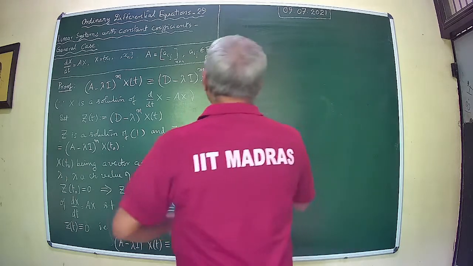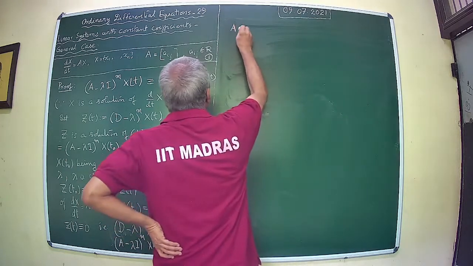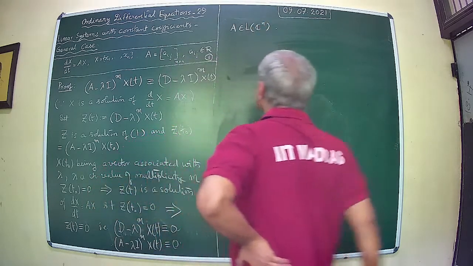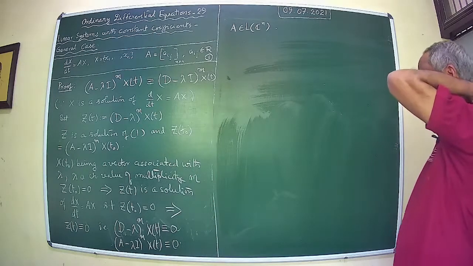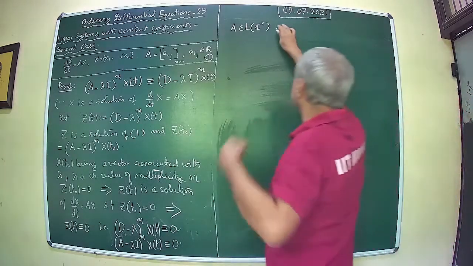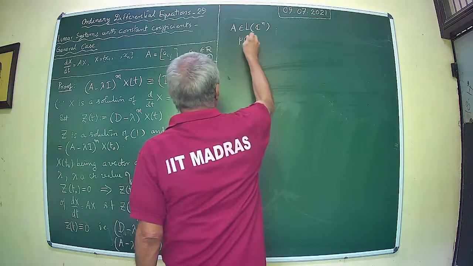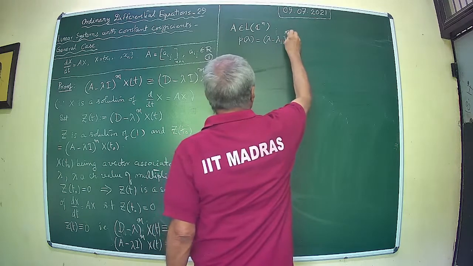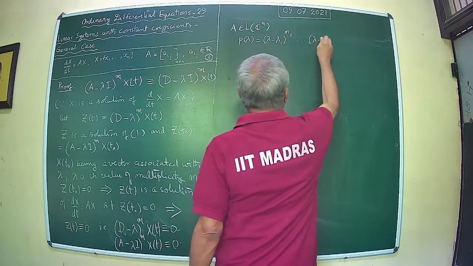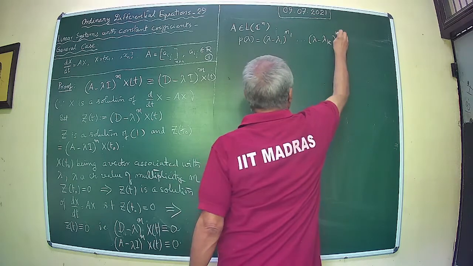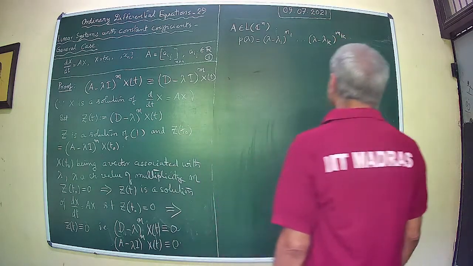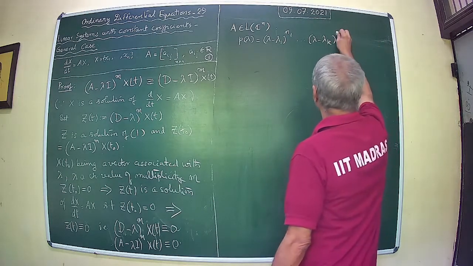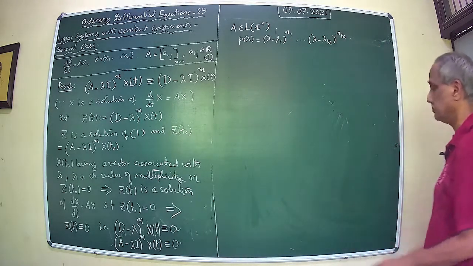See, A is... now what you can do is we can write P lambda as, that is what we have assumed.